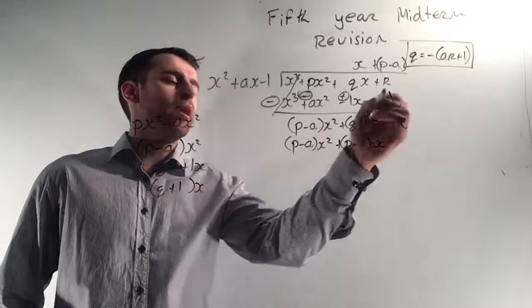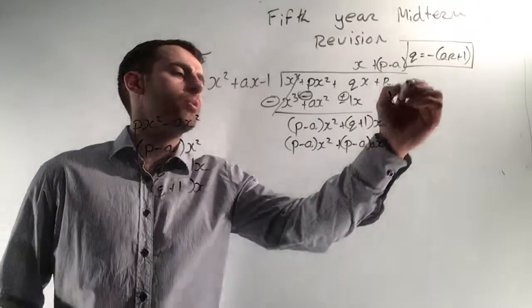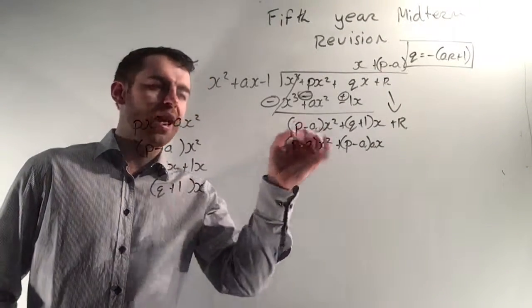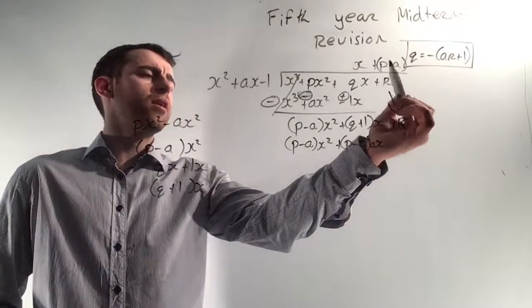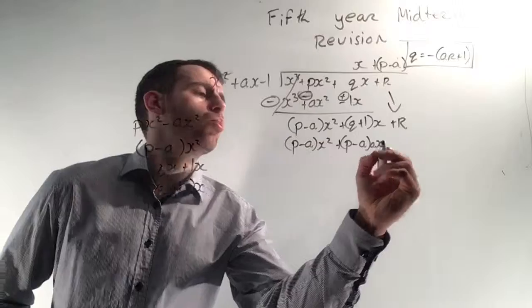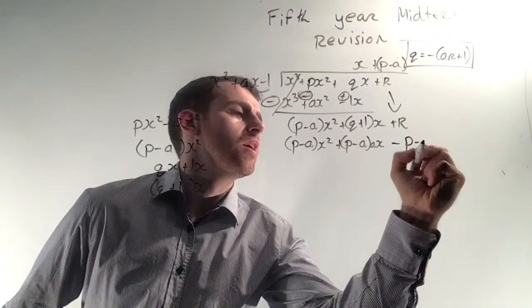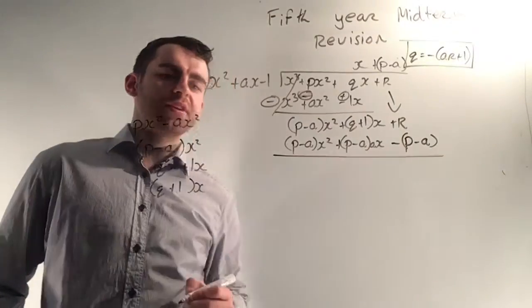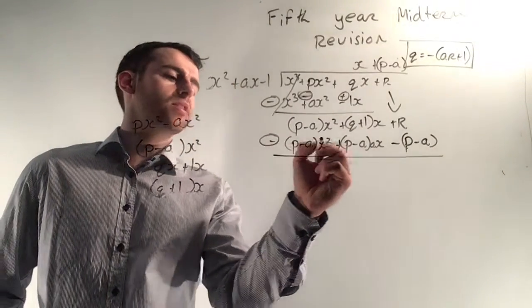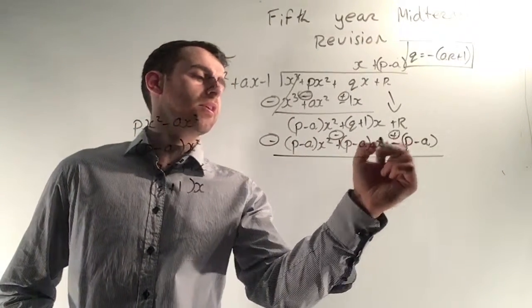I know I'm nearly at my remainder because there's no more terms here. There's no extra terms to take down, so it's the last time I'm going to have to do the 4 steps. Now I need to multiply p minus a by minus 1, and that gives me minus times p minus a. Now I'm going to change my signs and subtract. So I get a minus there, I get a minus there, and I get a plus here.